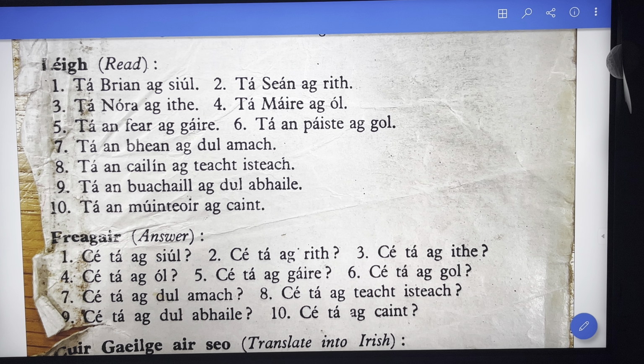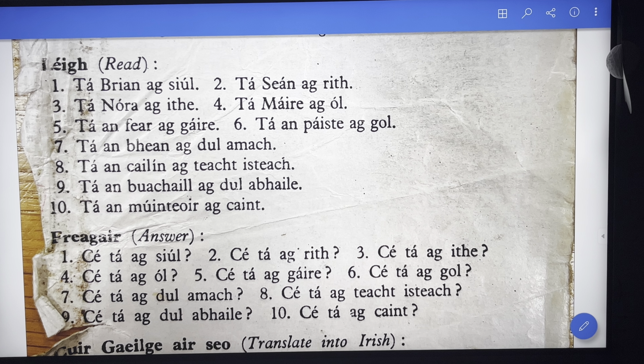So in English, number 1, Brian is walking. Number 2, Sean is running. Number 3, Nora is eating. Number 4, Mary is drinking. Number 5, the man is laughing.